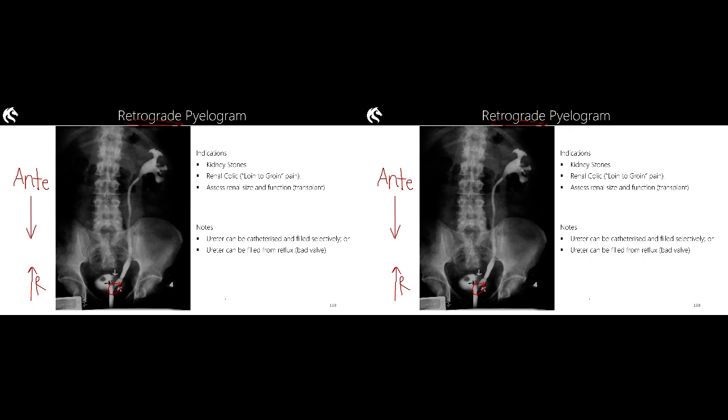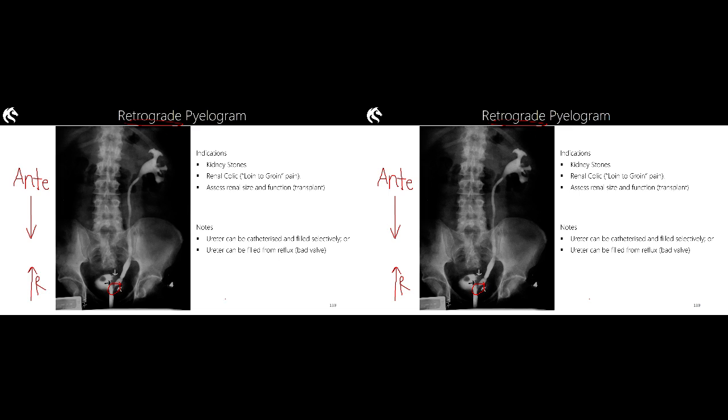Well, we might have a patient who, for example, is going to be a transplant recipient or more likely a transplant donor. It might be a person who has got reflux, that is their vesico-ureteric junction doesn't work particularly well. We want to see if there's any flow of contrast from the bladder back up the ureter, in which case that would predispose the patient to things like chronic renal tract infections, or it might be from kidney stones.